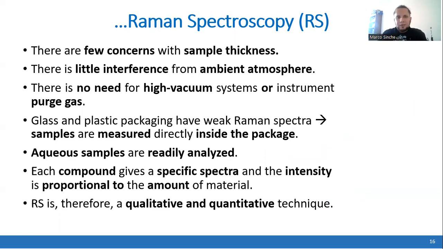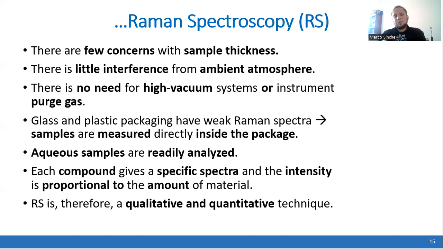These techniques could use samples with different thickness, so it's not a big concern. Also, there's little interference from the ambient atmosphere. So, for example, there's no need of high vacuum or a purge gas. Also, glass and plastic materials have weak Raman signals, so the samples could be measured inside the glass or plastic packaging.